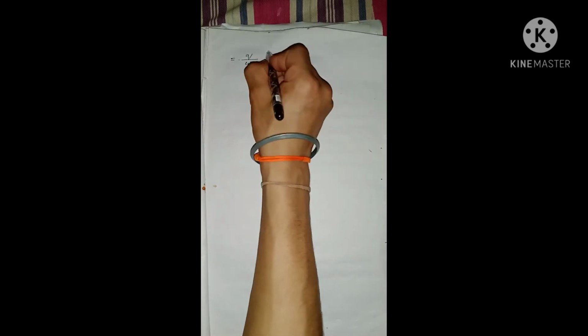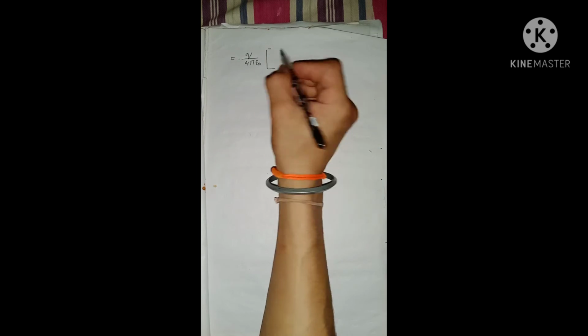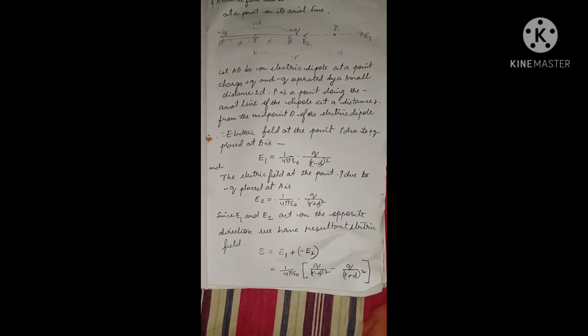into, if we calculate both, if we find out the expression, then we can see that this Q by R minus D whole square minus Q by R plus D whole square, we can take Q common in both of these. So instead of this we took the Q common.